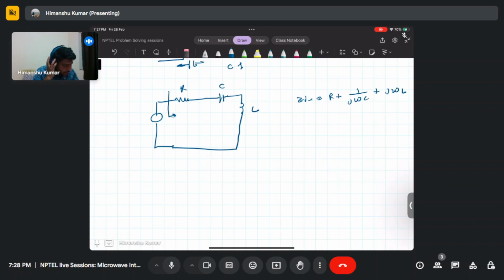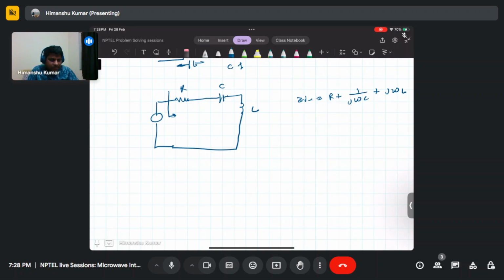So this is the impedance of this line. At resonance, the energy stored in this network will be maximum, and the energy stored in the capacitive and inductive elements will be the same.